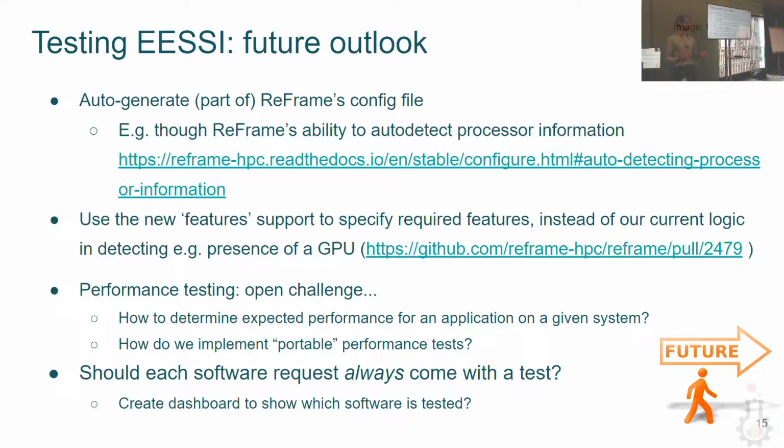Which might be annoying to somebody who says, I need this piece of software as soon as possible. So I can imagine that we'll be flexible in this, and that maybe we say, let's focus on reporting which software has been tested, right? So then at least we're transparent about, okay, this software has been tested, this software has not been tested. And that would at least keep the cycle pretty quick in deploying new software.